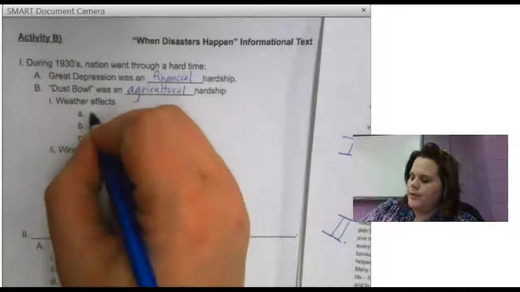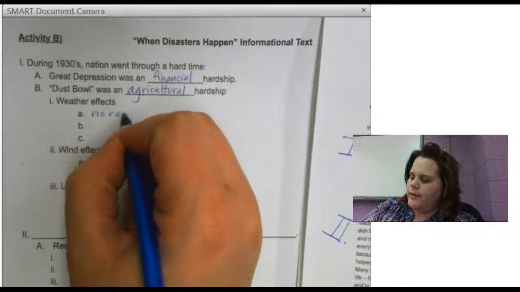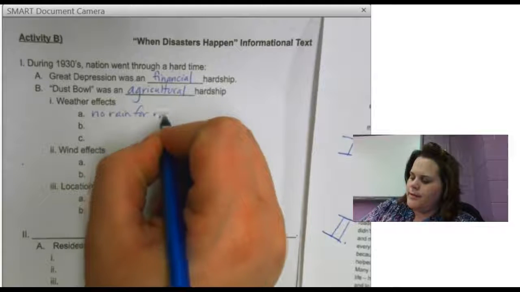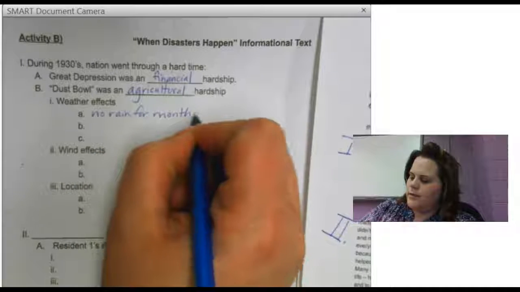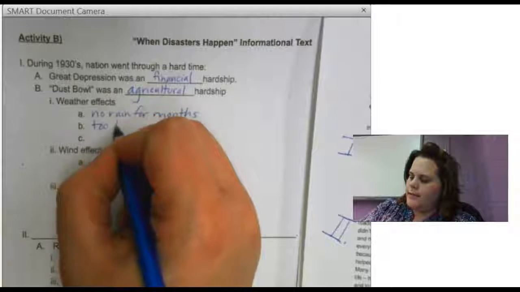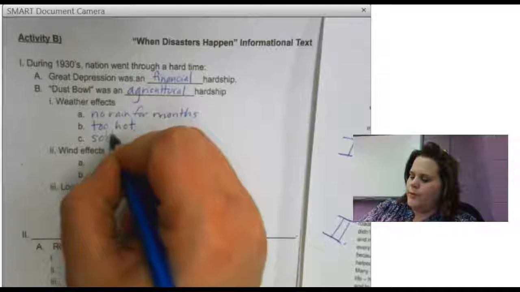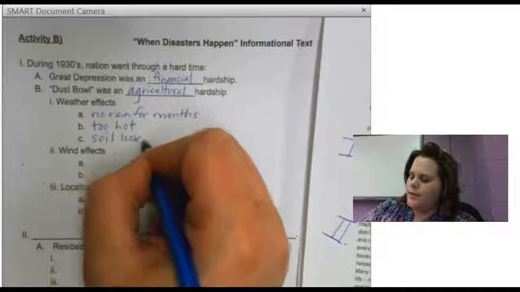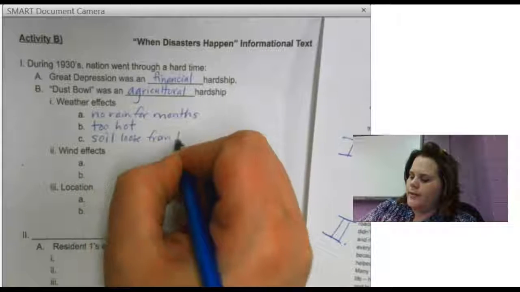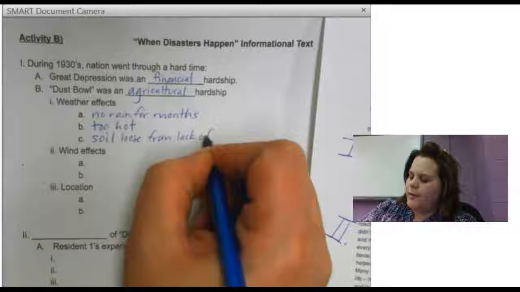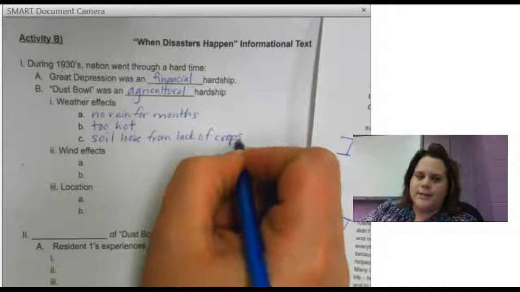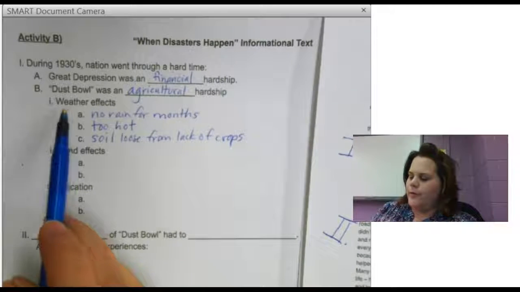So, no rain for months, too hot, so it'd be a drought. And the soil was loose from lack of crops. Those are the details about the weather.